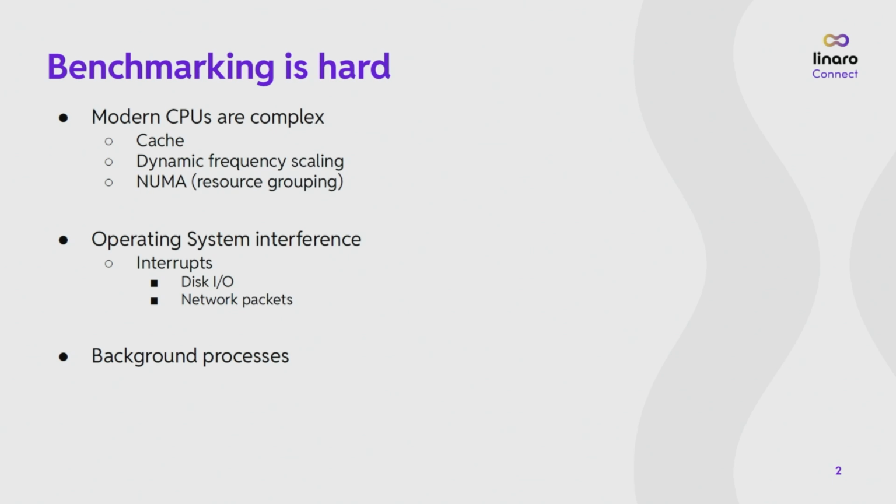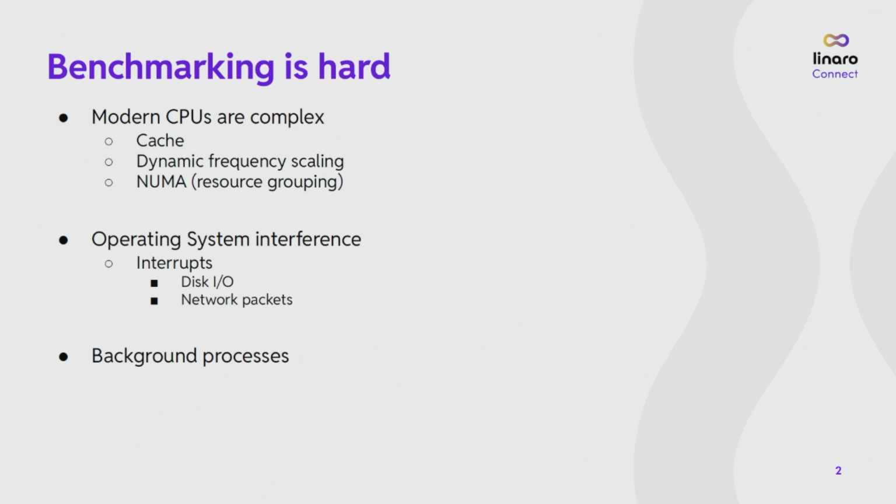There are many reasons for this. One of them is that modern CPUs are quite complex. For instance, they have cache memories that can make a program run faster if the data they need are already in cache. Some CPUs also can increase or decrease their operating frequency depending on things like CPU usage and temperature.